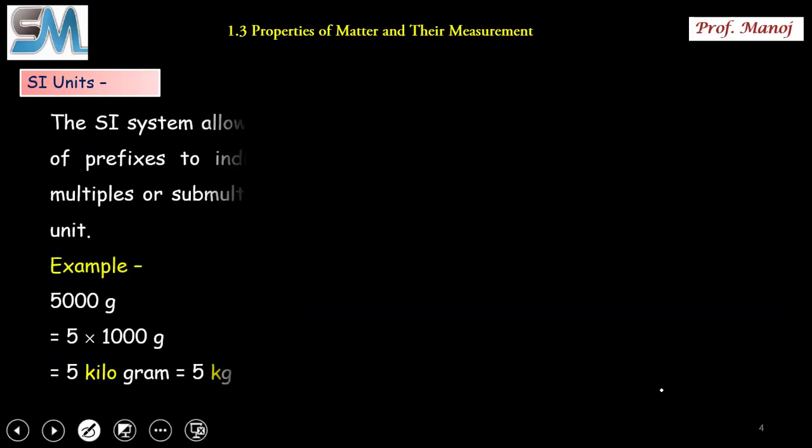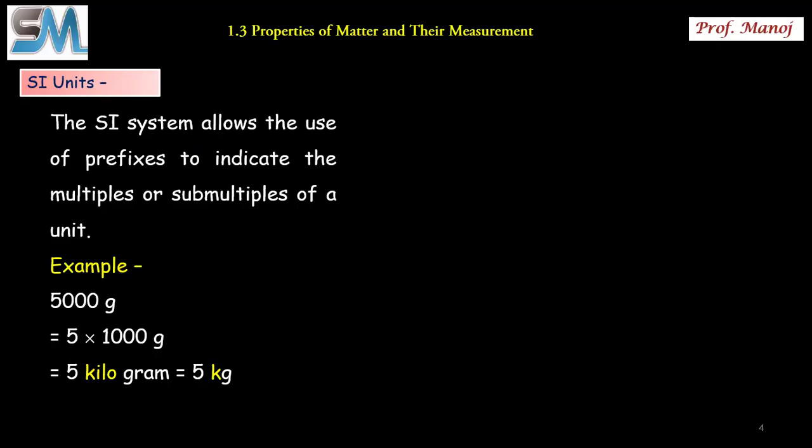To express these fundamental units, whenever there is a bigger number, a prefix or a multiple is used. For example, when we have a measurement of 5,000 gram, we can express it as 5 into 1,000 gram.